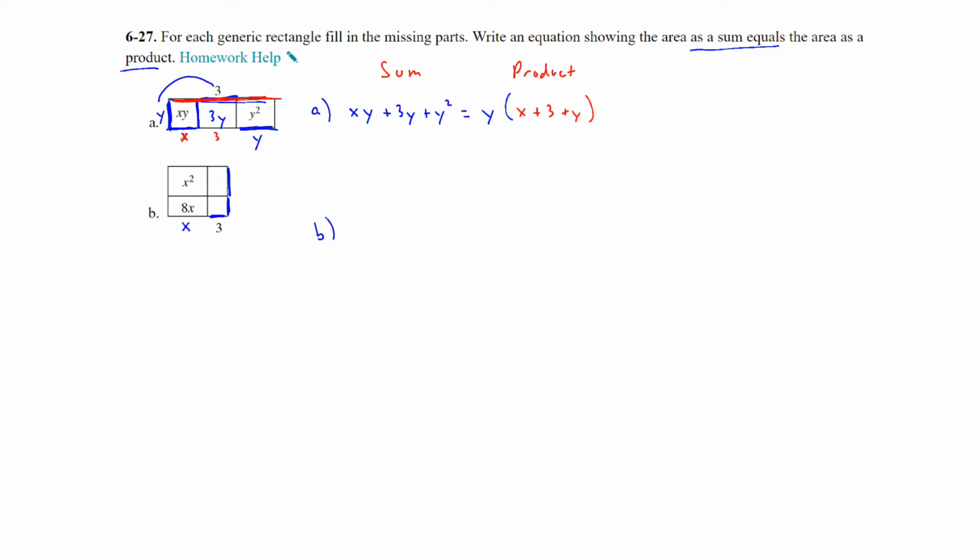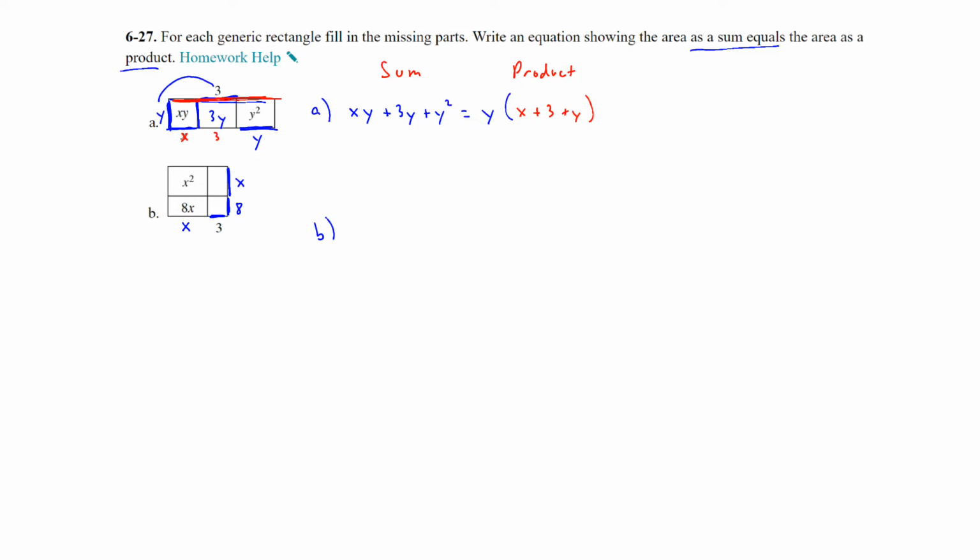So that means this side length would be x. And so to get the 8x, what times x gives you 8x, or 8x divided by x is 8. So 8 times x is 8x. And then the same thing with the x squared. I need to know what this side length right here is. So x times what gives you x squared, and that's x.